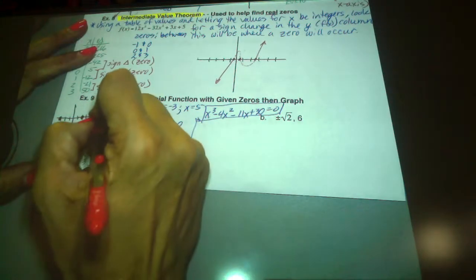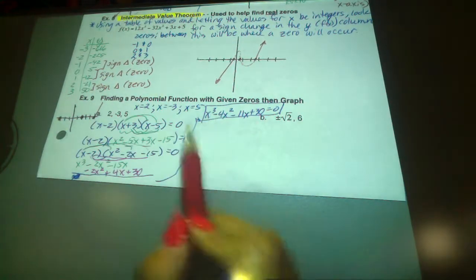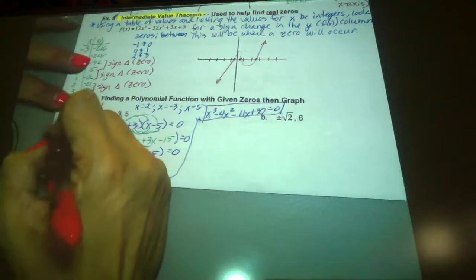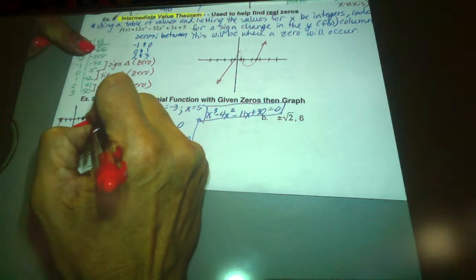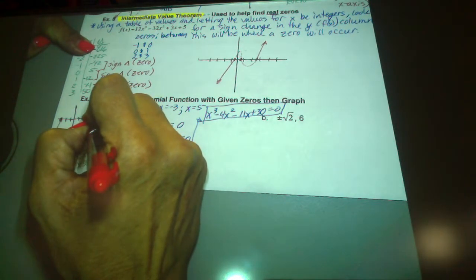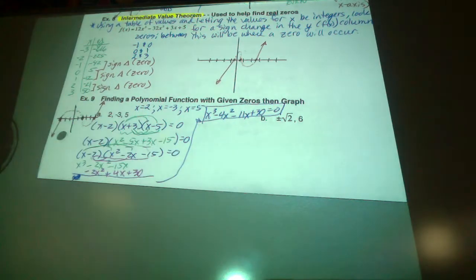It goes up. My overall degree is odd, so shouldn't my left-hand behavior go down so that they disagree with each other? And then I have to go down, then up, then back down, because I don't know anything about multiplicity. At this point, you assume that all your zeros cross.